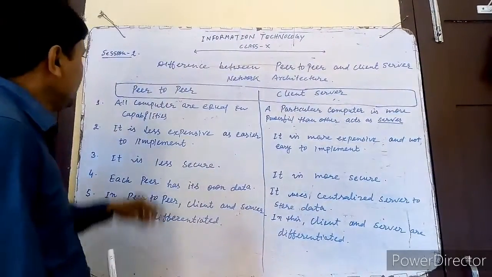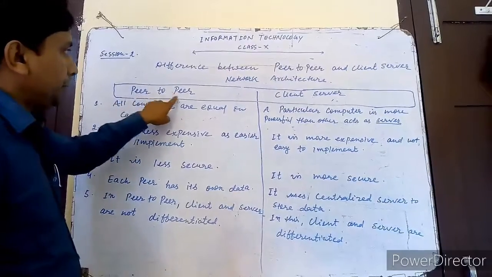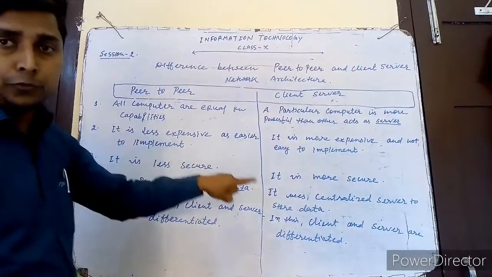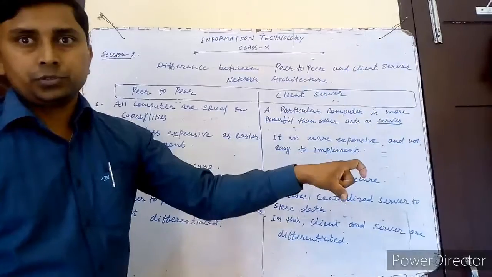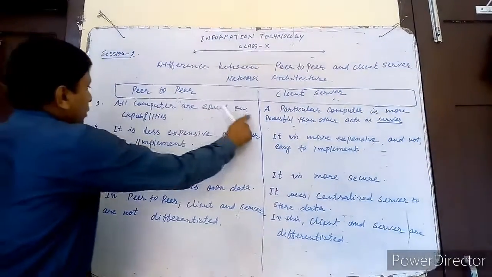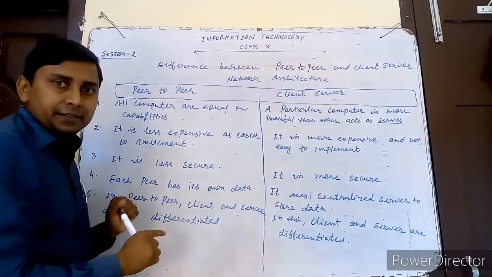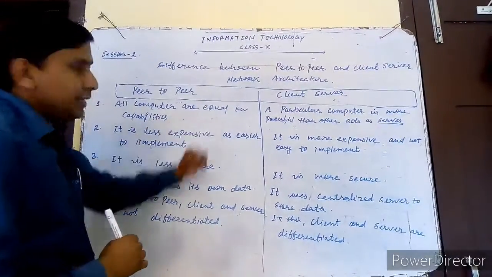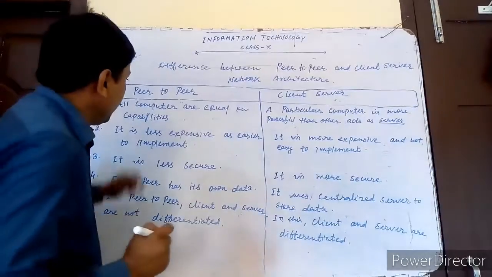Okay. Now see, peer-to-peer also means node to node, client to client. Here all computers are equal in capabilities. What do we mean by equal in capability?